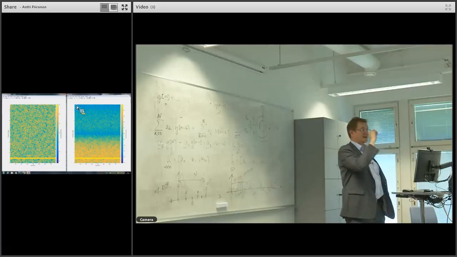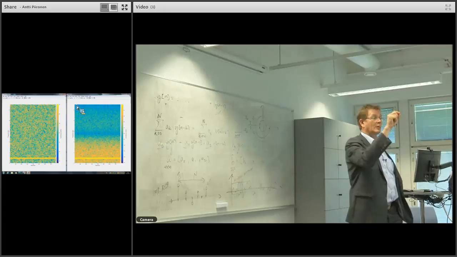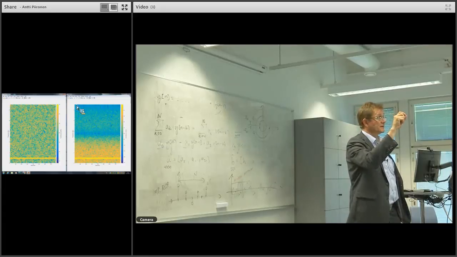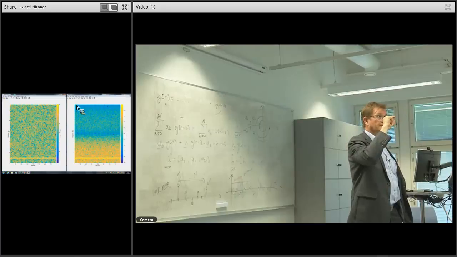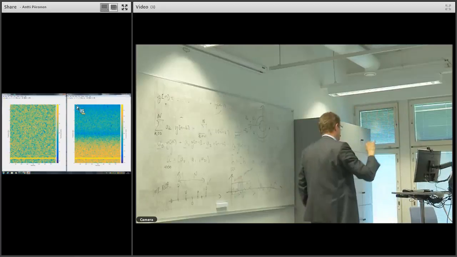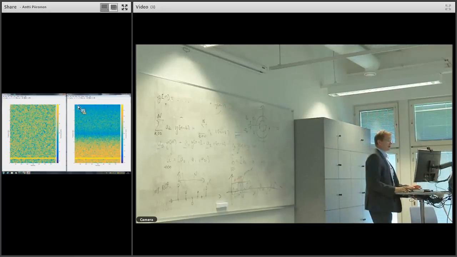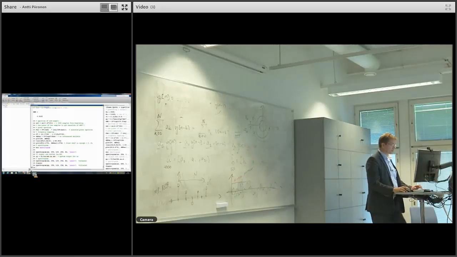Okay, but these bins here are quite wide. We use 256 points, which means that each of those bins, let's calculate quickly, the spectral resolution.